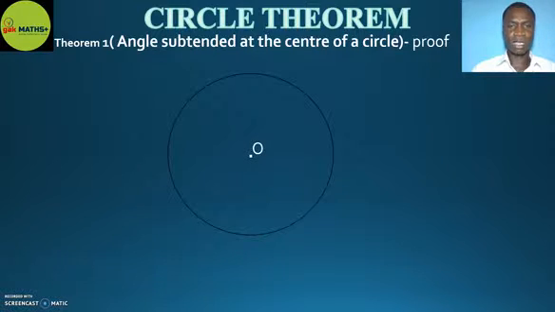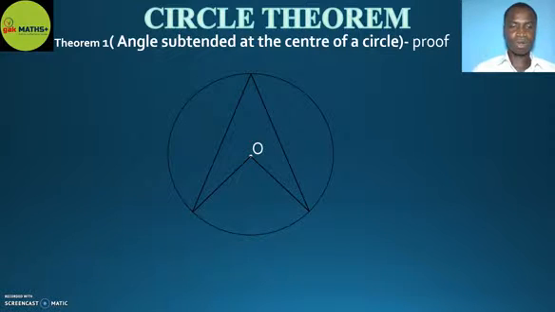First of all, let's draw a circle with center O, and then let's draw a sector, and from the arc of the sector, let's subtend an angle on the circumference of the circle.